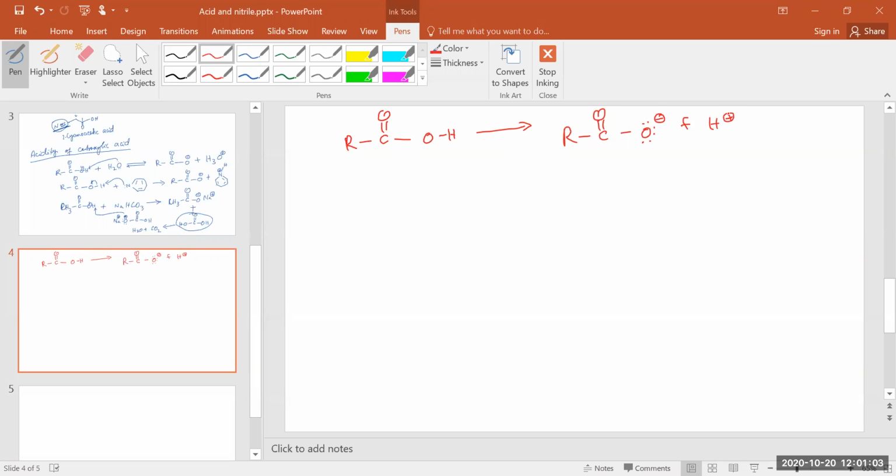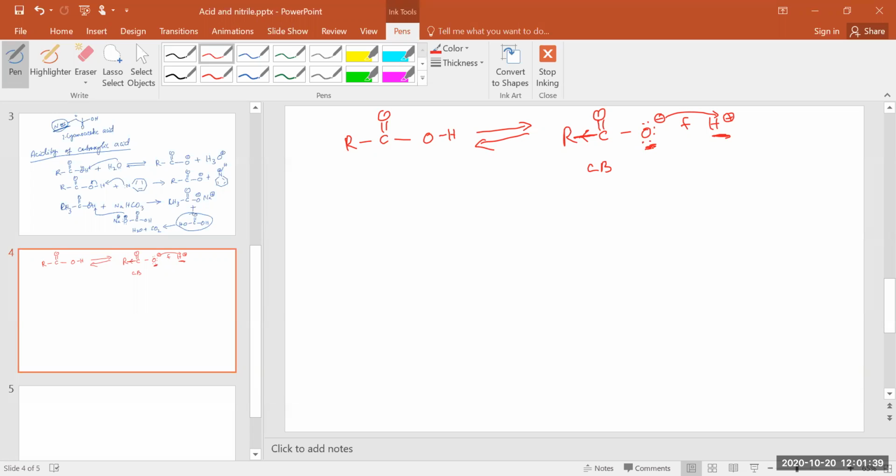Anything that can pull the electrons away, neutralize this negative charge, will make this conjugate base more stable. Which means this H plus will be free, and the reverse reaction will be less because this one is stable.